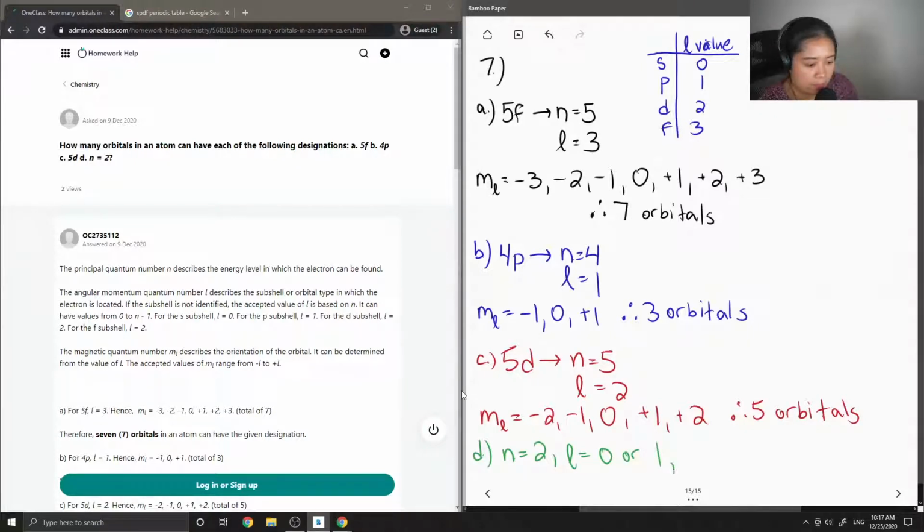So that means our mL value is either equal to 0 or it's equal to -1, 0, +1. So in total, there are 4 options. Oh, orbitals.